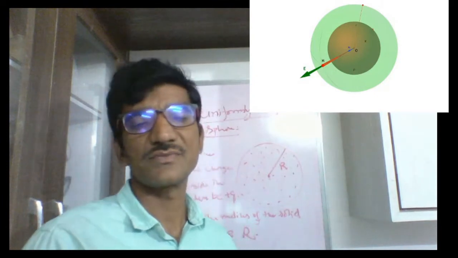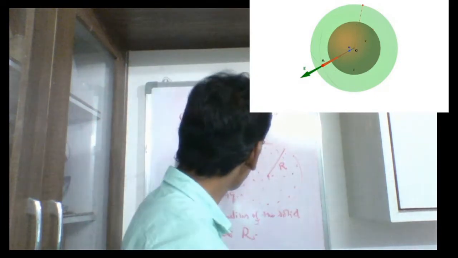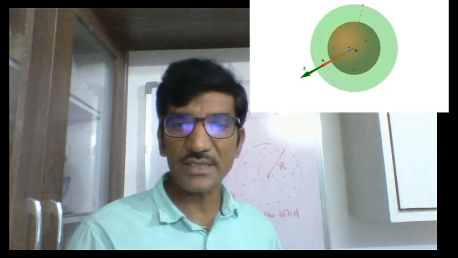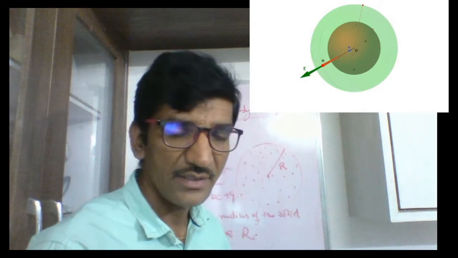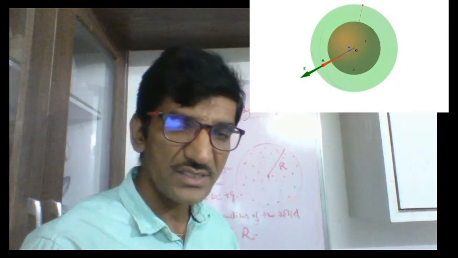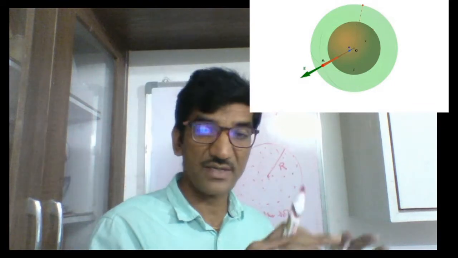One thing I want to tell you before starting this application: we have done a similar problem yesterday. We discussed not only point charge, but also some charge distribution, a spherical shell.